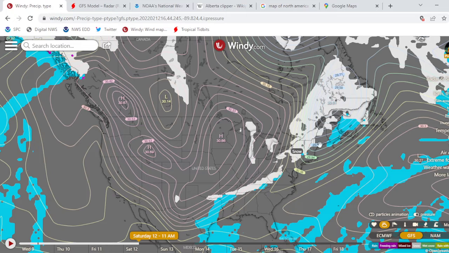And it's going to bring with it a little bit of snow.